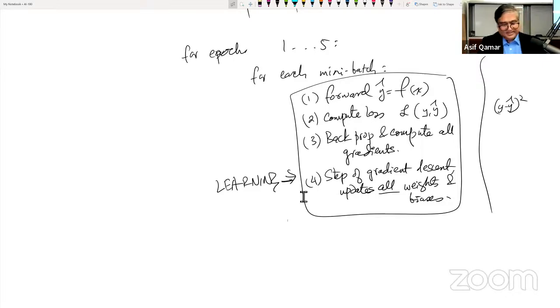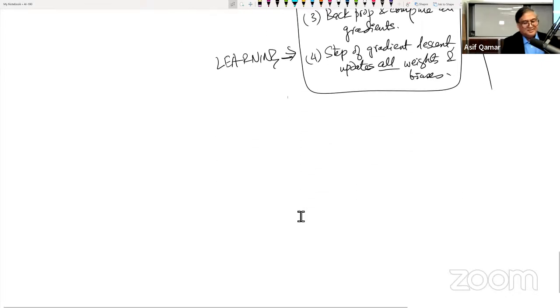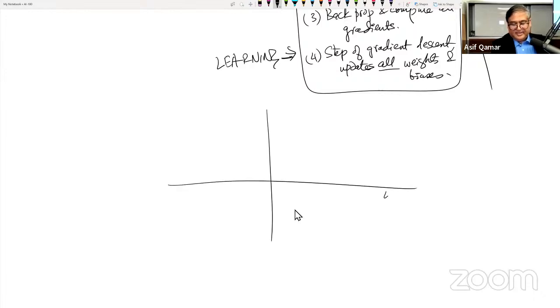One way to look at it: in the space of weight and bias, let's take just one simple example, this is the weight, this is the bias. Let's say that the optimal value is here, W star, B star, and you start from some random value of weight and bias. You will start making a journey, not a straight journey.